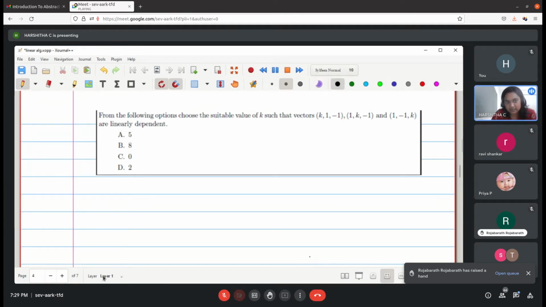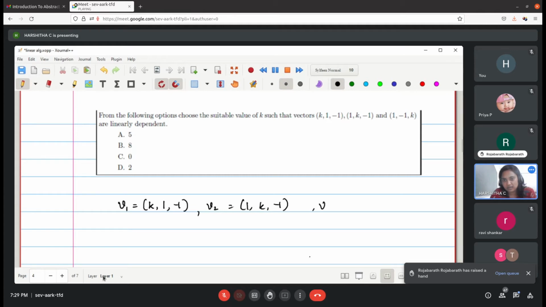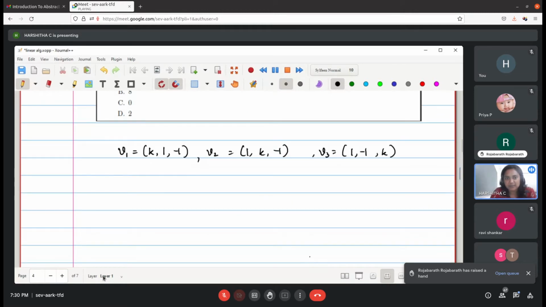Okay, so let us just write it. v1 is (1, k, -1), v2 is (1, -1, k)... v1, v2, v3 is linearly dependent if you have to get three constants which are not simultaneously 0.